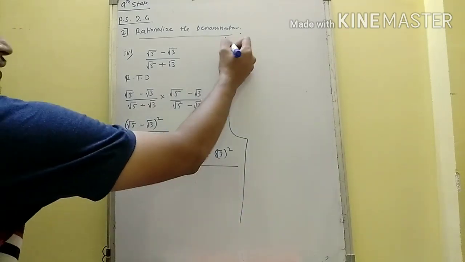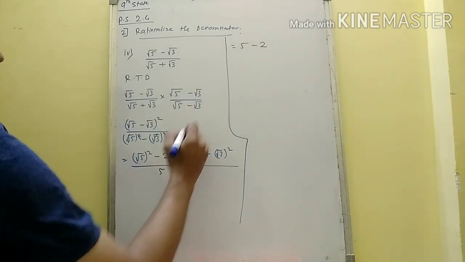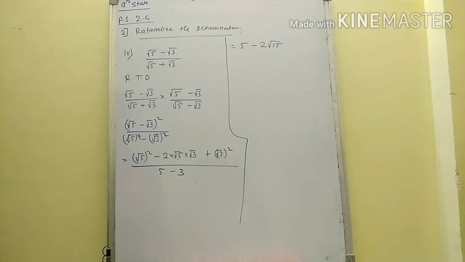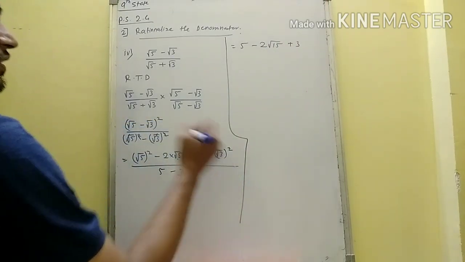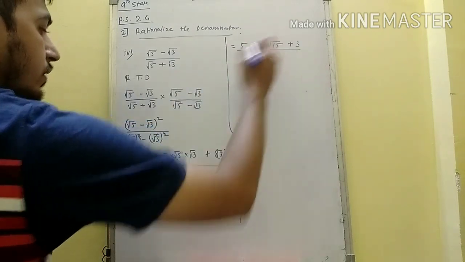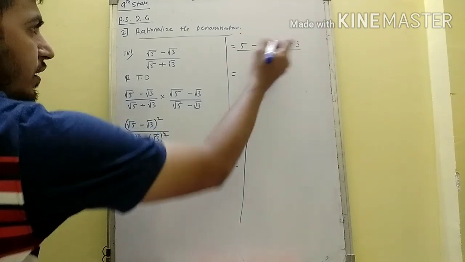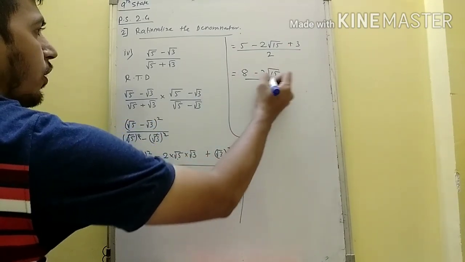So square root of 5 square is 5 plus 2 as it is. Square root of 5 times square root of 3 is square root of 15, and root 3 square, square root cancels, it is 3, upon 5 minus 3, it is 2. So 5 plus 3 it is 8 minus 2 root 15 upon 2.